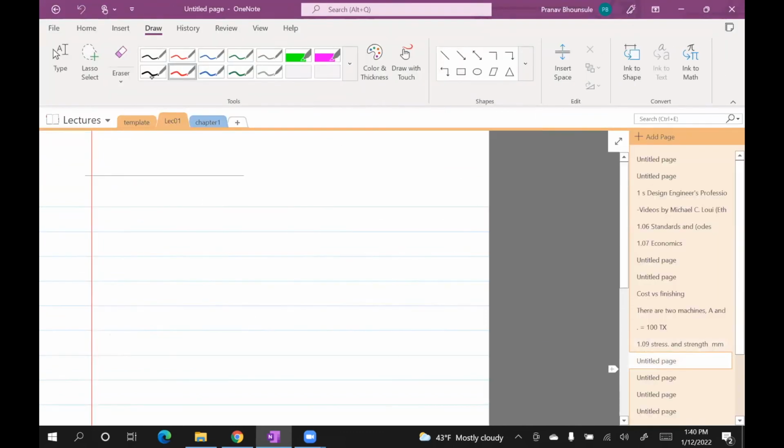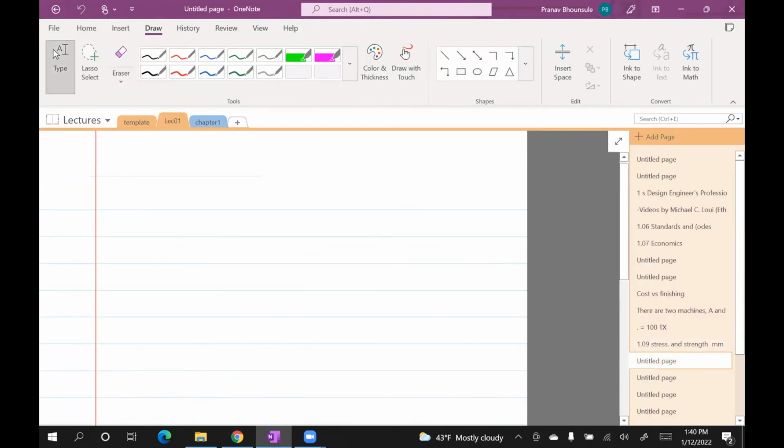Okay, so the next thing is something which is very important in design, which is known as the design factor and factor of safety. I think you might have heard of factor of safety, but not design factor. So let me write down the definitions. Design factor, we'll denote with ND.